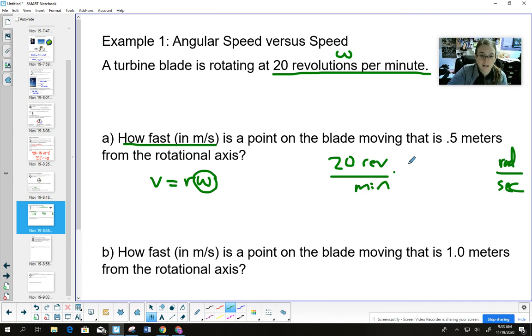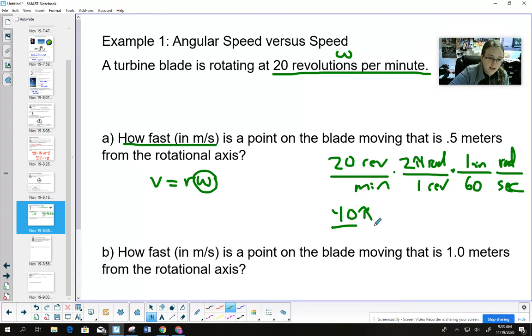Okay, so to get to radians, I know that there are 2 pi radians in 1 revolution. And in 1 minute, there is 60 seconds. So this is 40 pi across the top, 60 across the bottom. Cancel, cancel, cancel, cancel.